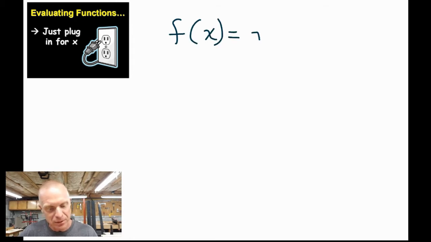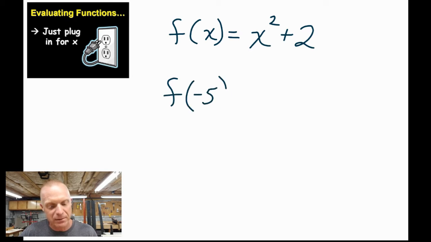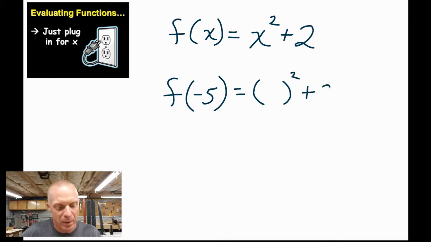So here's the function x squared plus 2. And what if I want to evaluate for f of negative 5? Now, you've seen this kind of notation before, but just remember that negative 5 is the x value. And when I plug in negative 5, I want to very carefully make sure that I'm squaring the entire x value.